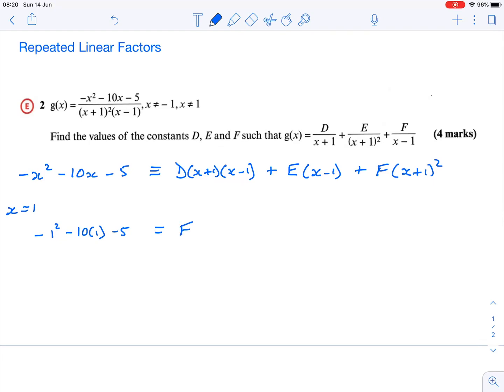And we're just going to be left on the right hand side with f times 1 plus 1 squared. This comes to minus 1 minus 10 minus 5, which is minus 16. 1 plus 1 is 2, squared is 4, so that's 4f. So f is minus 16 divided by 4. Answer, f equals minus 4.